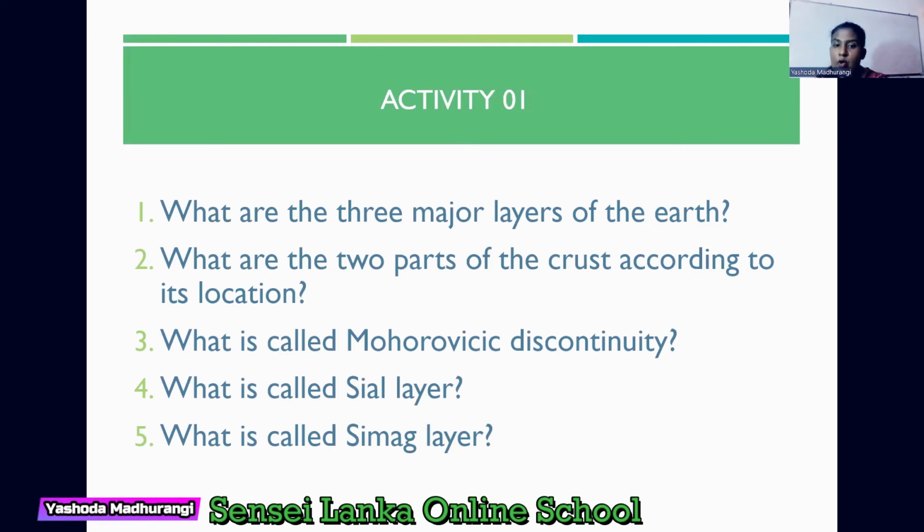It is there in the oceanic crust. This layer is composed of basaltic rocks and also it consists of silica and magnesium. That is the SIMA layer. So now you have to understand these questions.